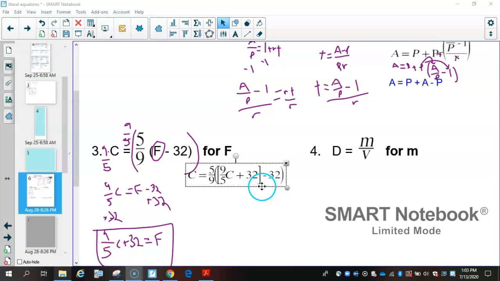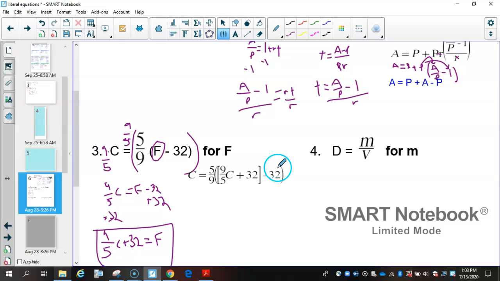Because I really don't need it, I can say that I have like terms right here that I can combine, and they will cancel. And I'm going to duplicate this one more time, so hold on.